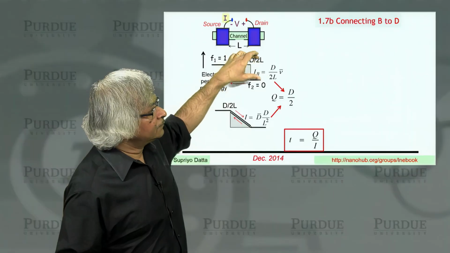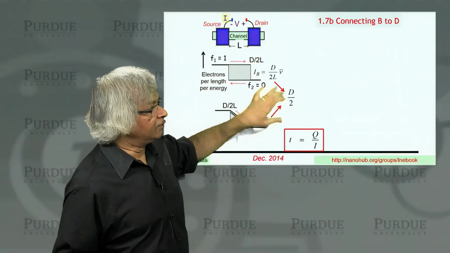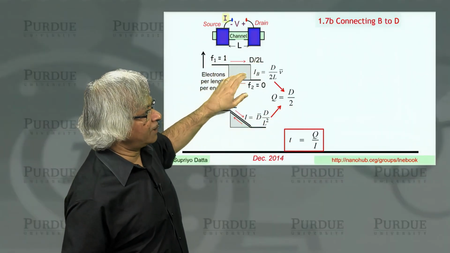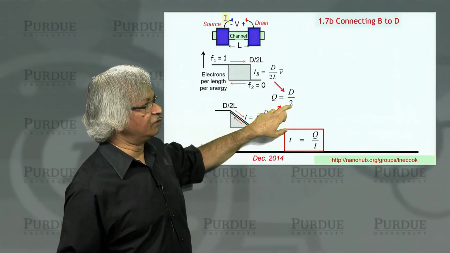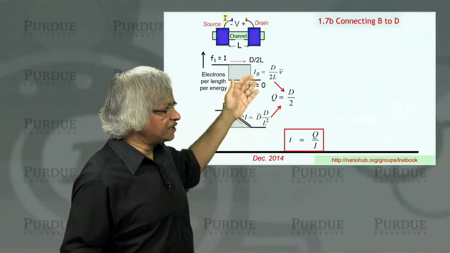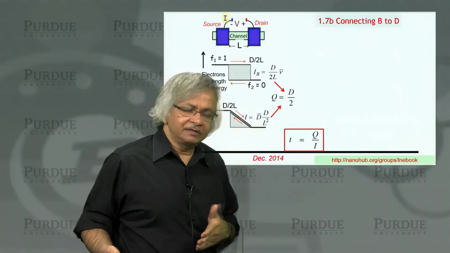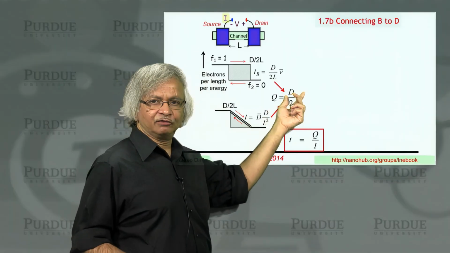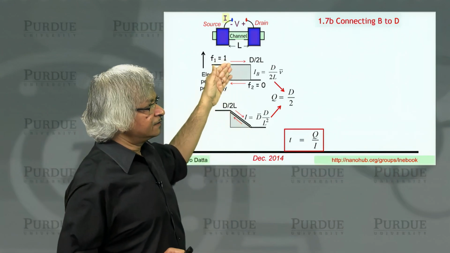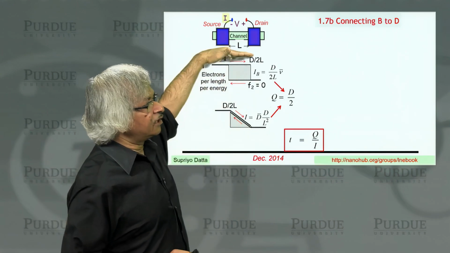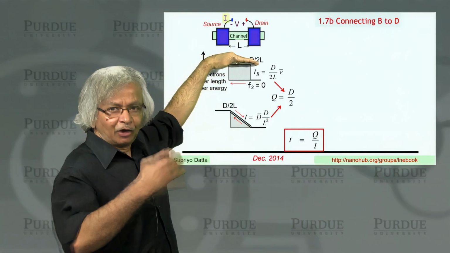Now, based on that, what we saw was that for ballistic transport, the number of electrons that are stored in here was D over 2. And interestingly, even in the diffusive limit, the answer is still the same, D over 2. The only difference is that in the first case, all the electrons are in the northbound channels.